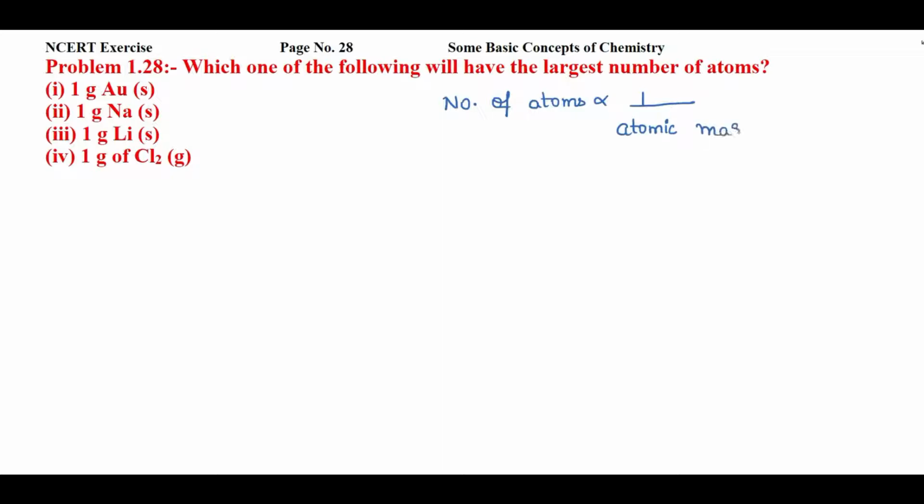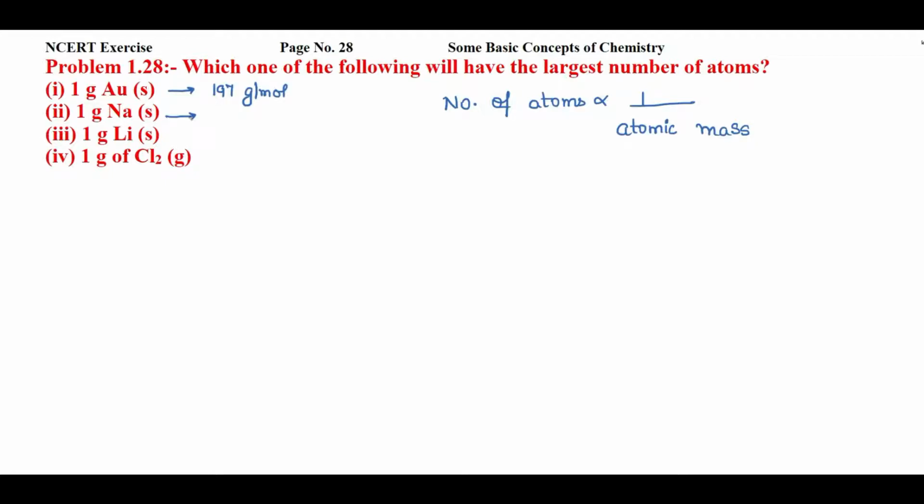So definitely an element or a molecule which has the largest atomic mass will have fewer atoms in it. We know that the atomic mass of aurum, that means gold, is 197 gram per mole.